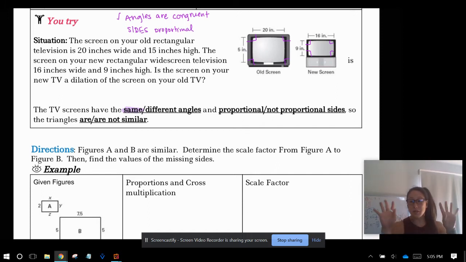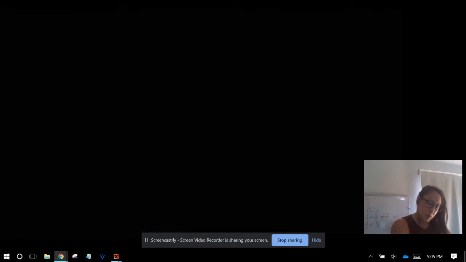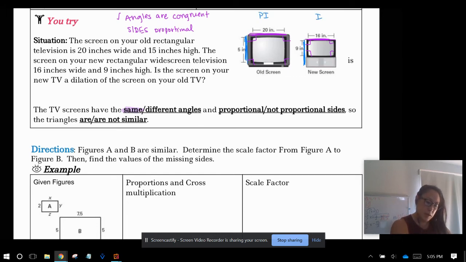Luckily I only have 2 sets of sides to test. I only need to test the top to the top versus the height to the height. Old TV would be pre-image, and the new one is the image. So I'm going to do the image over the pre-image. The height would be 5 over 9. And we're going to see, is that equal to 20 over 16?